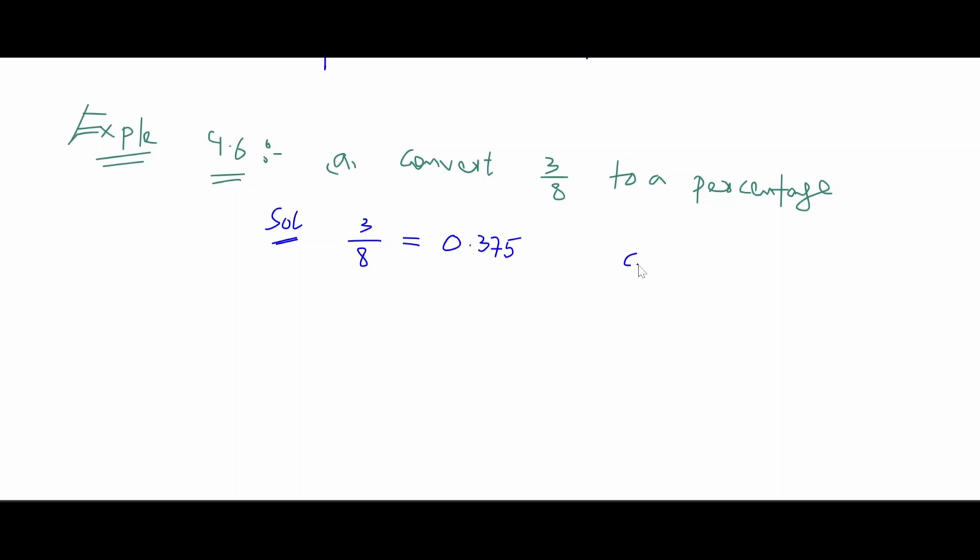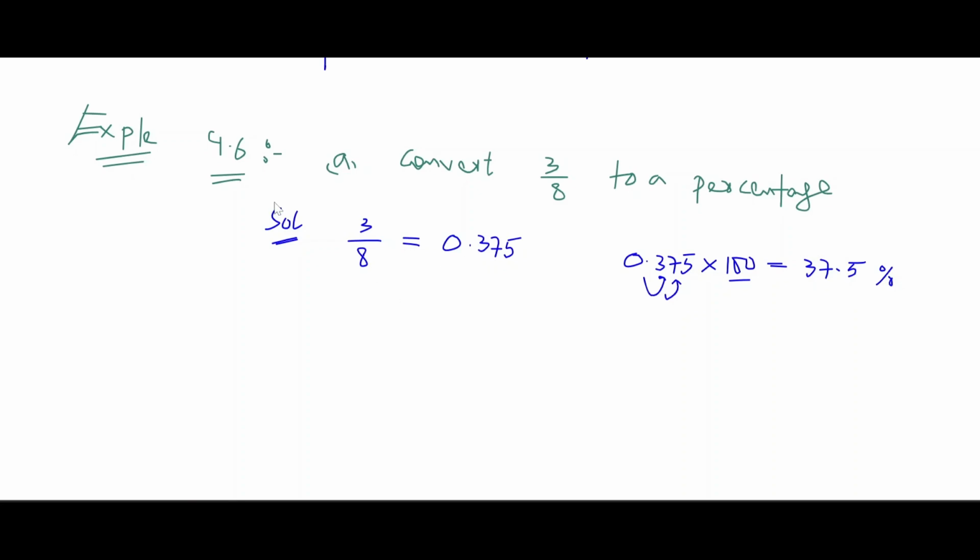Then multiply 0.375 by 100, so it becomes 37.5%. The decimal point moves two places.